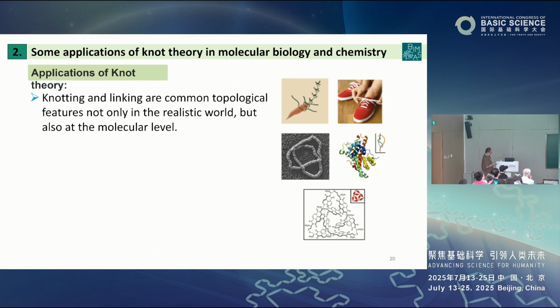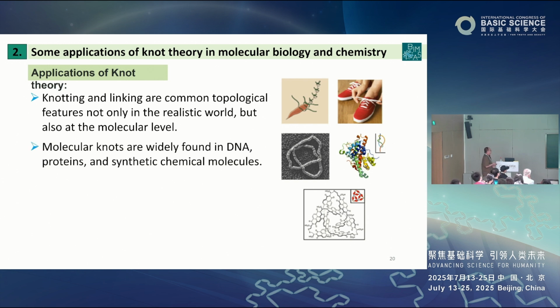So we come to the second part of the talk. Knotting and linking are very common topological features, not only in the real world, but also at the molecular level. Molecular knots are widely found in DNA, proteins, and synthetic chemical molecules.